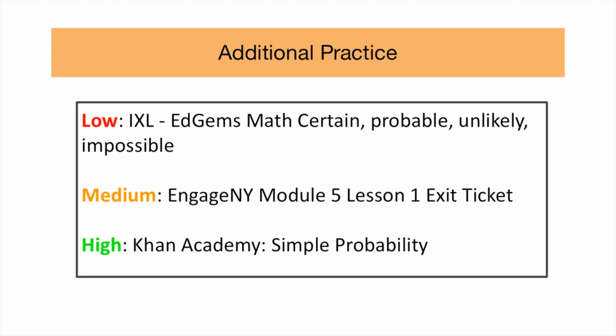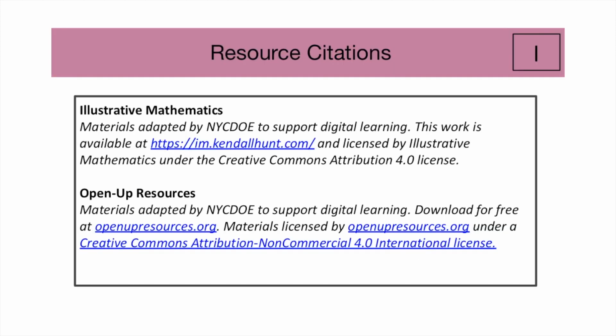For additional practice, you can have students work on IXL, EdGEMS, Math Certain, Probable, Unlikely, Impossible, Engage New York Module 5, Lesson 1 Exit Ticket, or Khan Academy, Simple Probability. You can look at these resources that were used to design these lessons in order to support your students' digital learning.